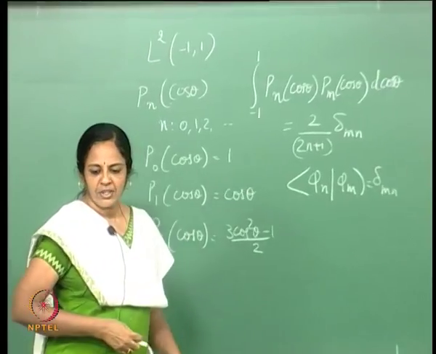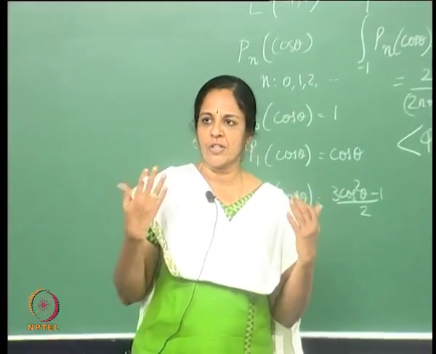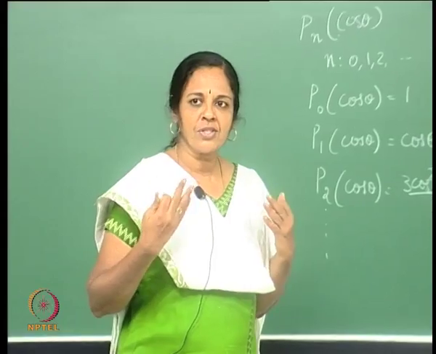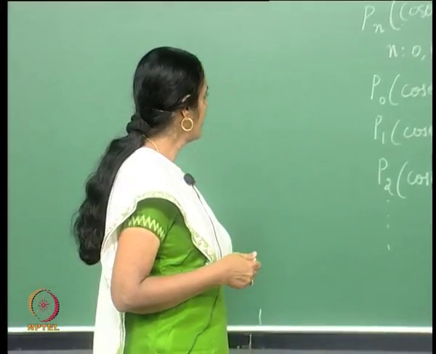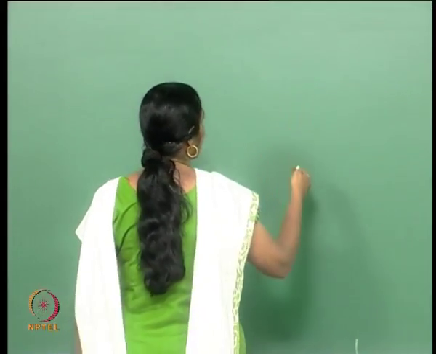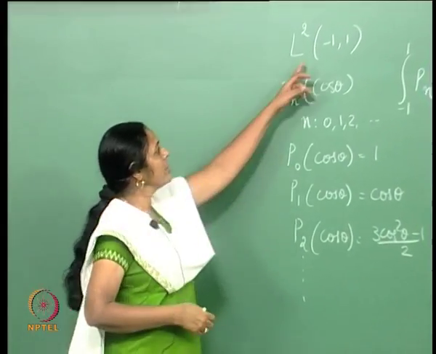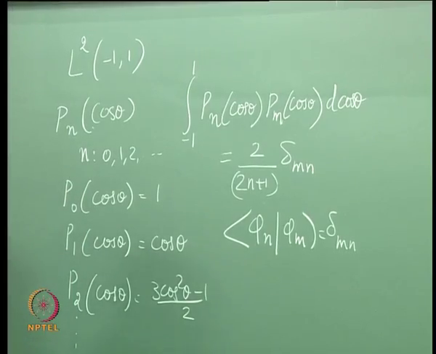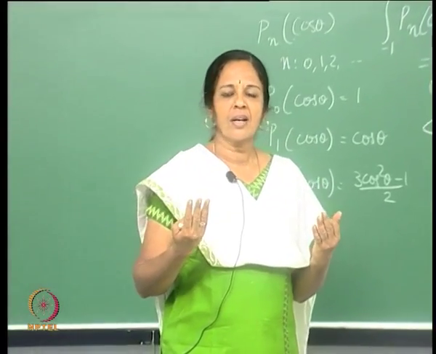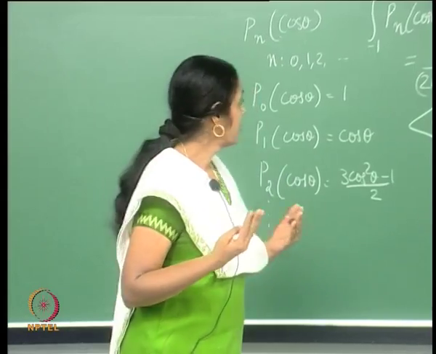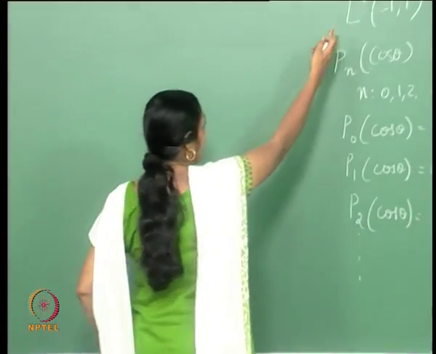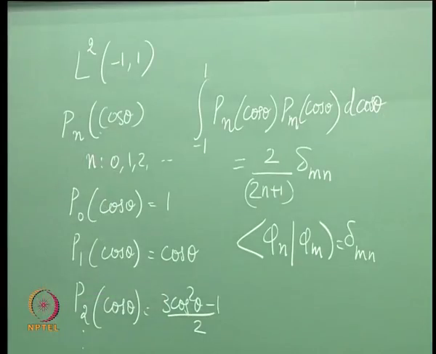You can have different types of special functions which act as basis states in function spaces. For instance, if instead of minus 1 and 1 here, I have minus infinity, infinity, the Hermite polynomials are an example of basis states in L2 of minus infinity, infinity.